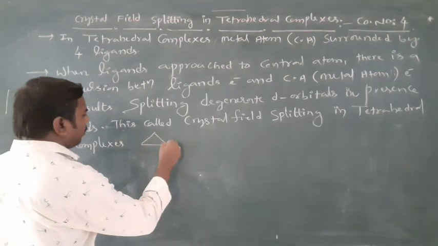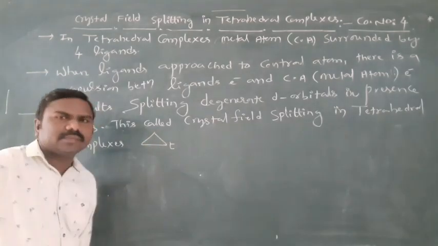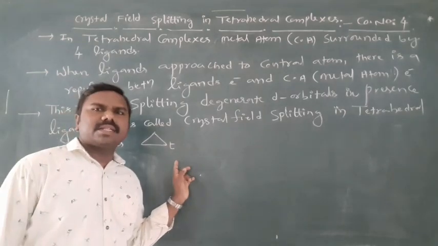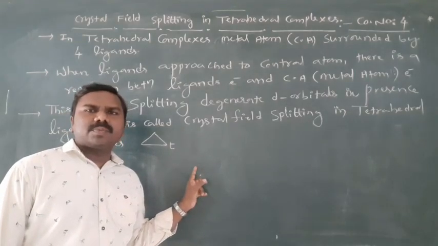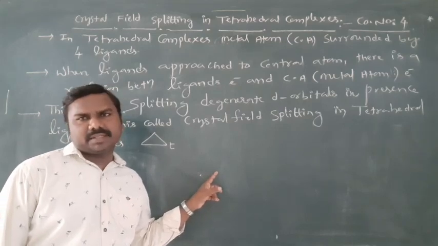This is indicated by delta T. In octahedral complexes it is indicated as delta O. Here, delta T is the crystal field splitting in tetrahedral complexes.